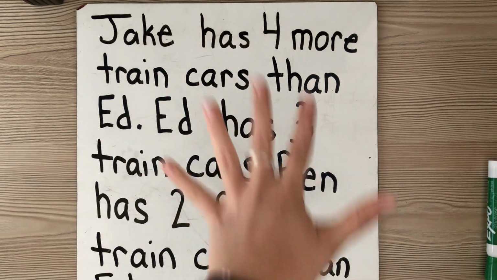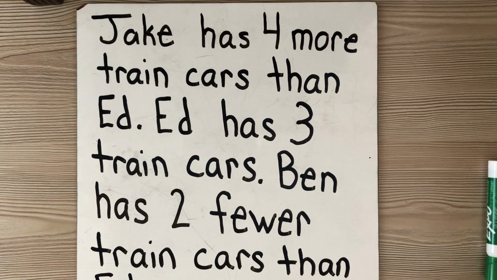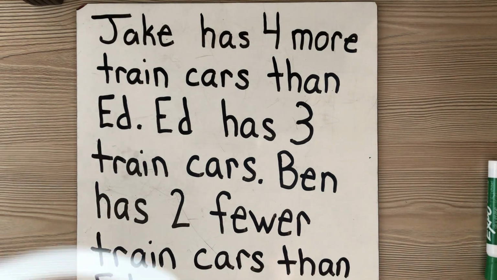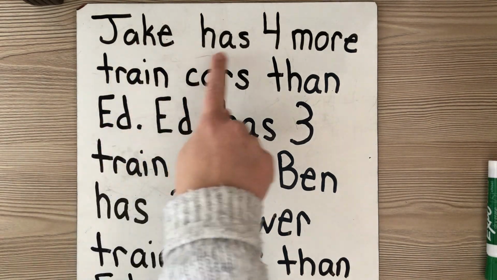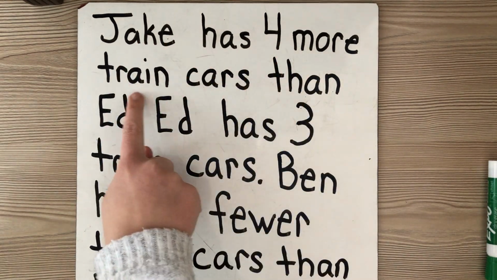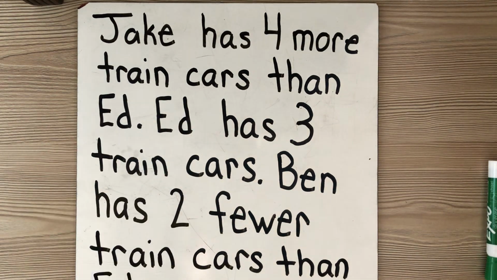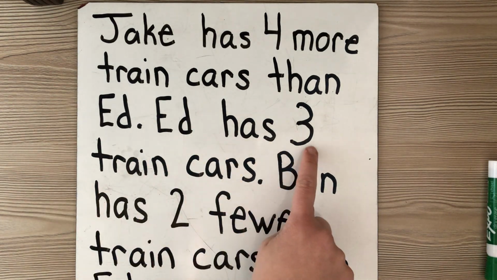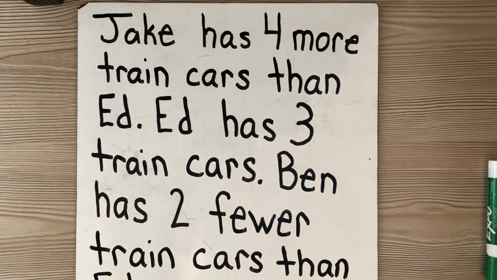So I'm going to read the word problem to you, and then we are going to work together to find the math. All right. Jake has 4 more train cars than Ed. Ed has 3 train cars.